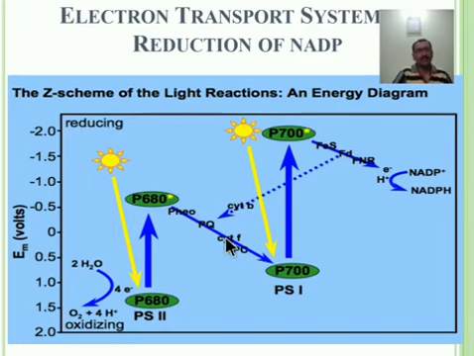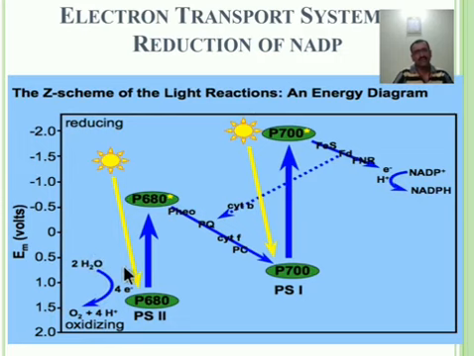At the start of this Z scheme, there is the water molecule. That is known as the photolysis of water: in the presence of light, the water molecule breaks down and is divided into oxygen and hydrogen. It is an oxidizing process. Oxygen is separated here and it comes from the water molecule.